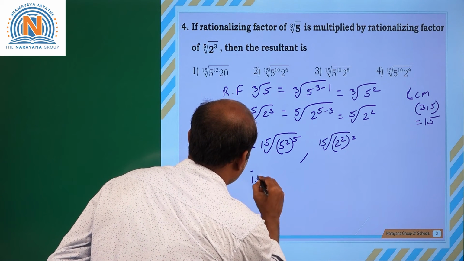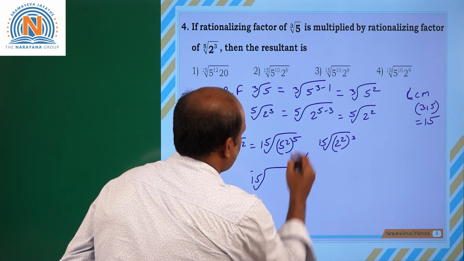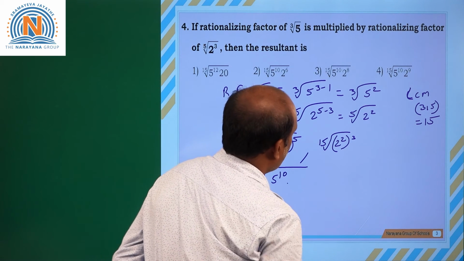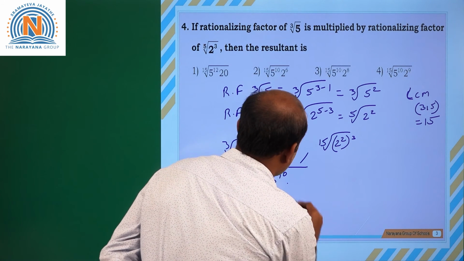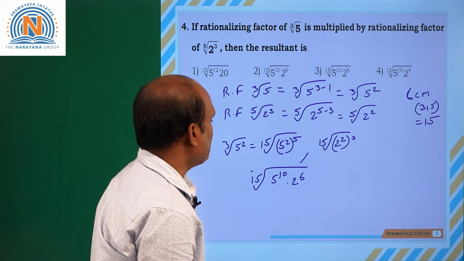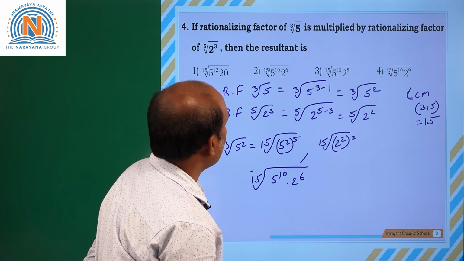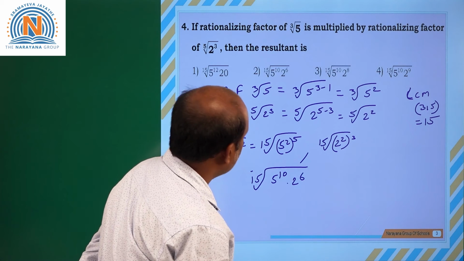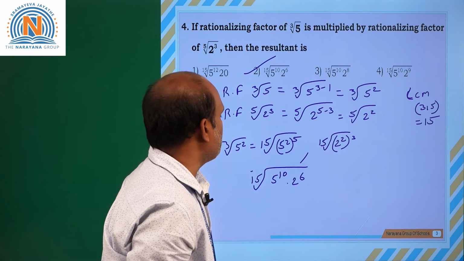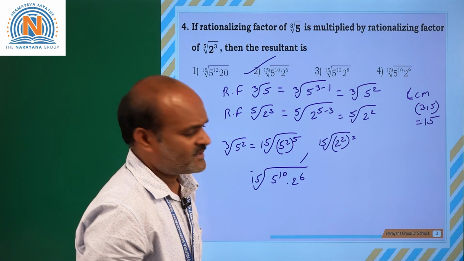That is 5 power 10 into 2 square whole cube is 2 power 6, that is 15th root of 5 power 10 into 2 power 6. So the correct answer is option 2, 15th root of 5 power 10 into 2 power 6.